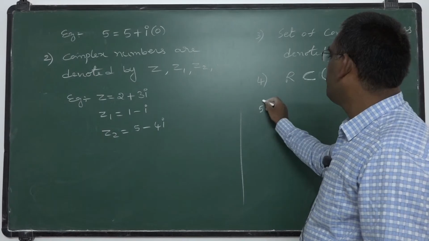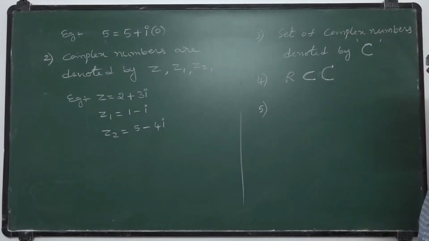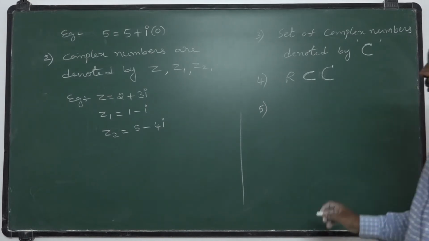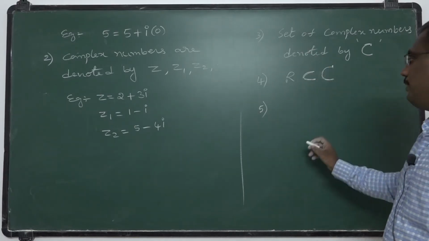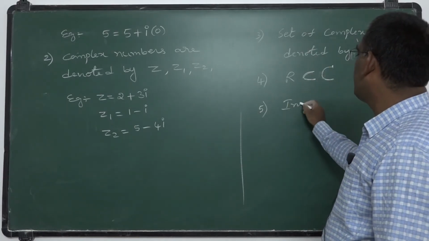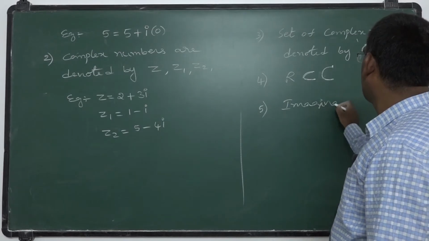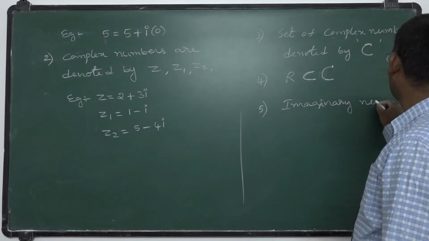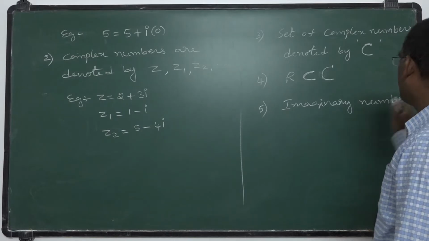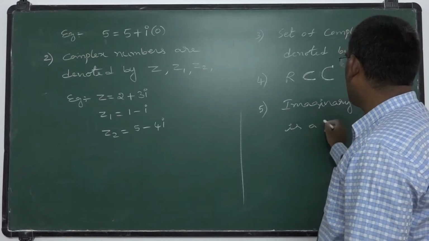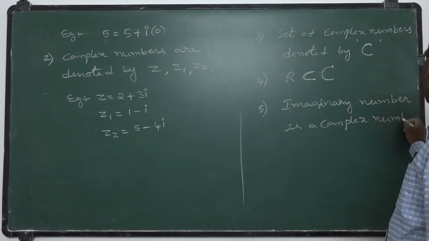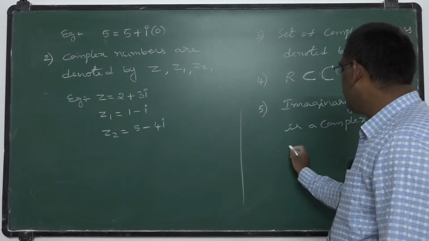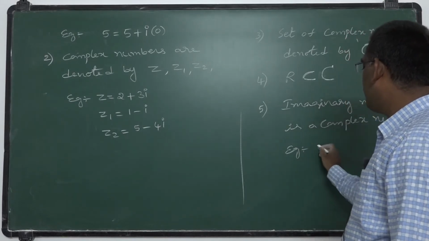Next point, imaginary numbers are also called complex numbers, because we can express each and every imaginary number in the form of a plus ib. For example, 5i is an imaginary number.